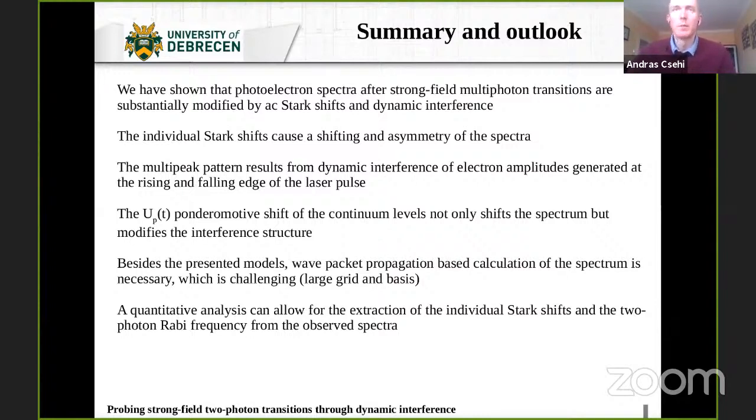Basically that's it. If you want, later I can show you some preliminary wave packet propagation results which we did for a simple system. This verifies the validity of the model, but this is not for lithium, but for a simple system.